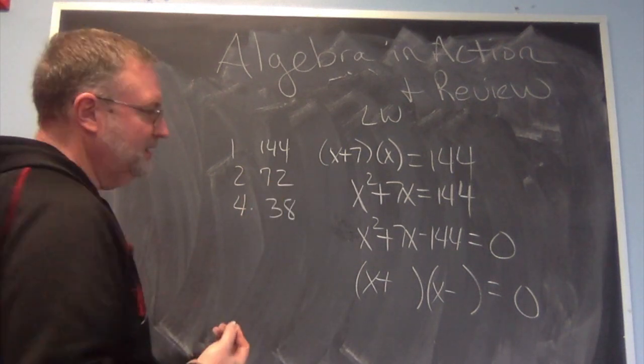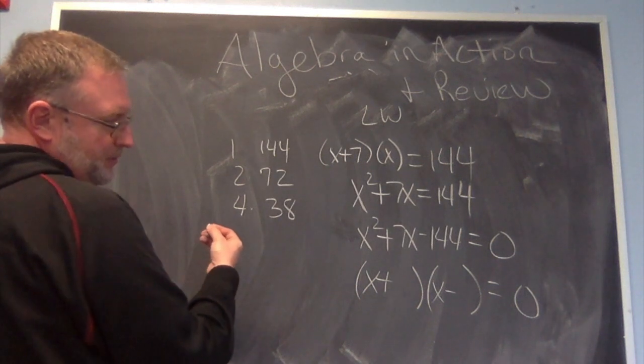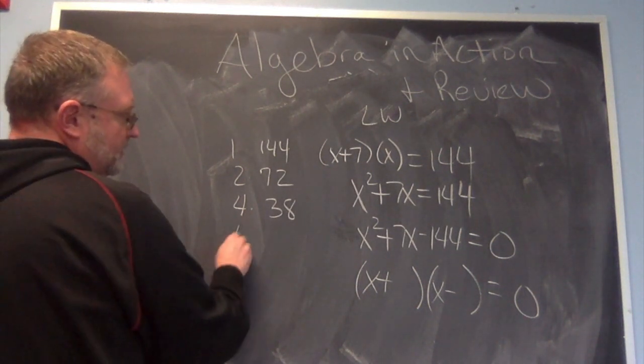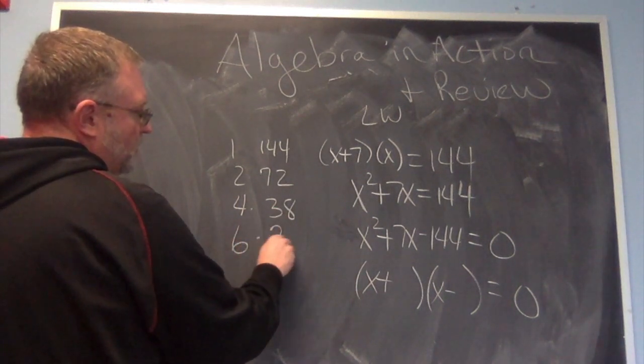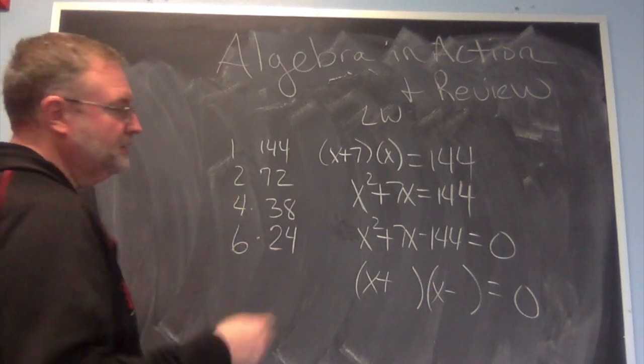That subtracted is not 7. 5 will not. Will 6 go into it? Yes, 6 times 24. That subtracted doesn't give me 7, but we're getting closer.